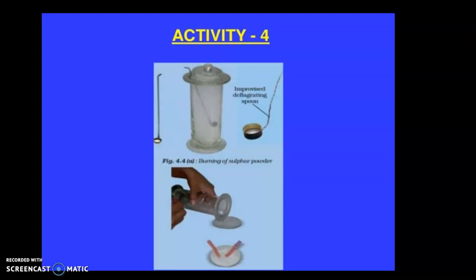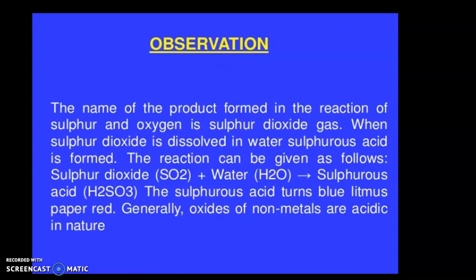It is there in your book also. Let me tell you the page number where it is mentioned. It is on page number 47, activity 4.4; activity 4.3 we have discussed. The observation is that the product formed in the reaction of sulfur and oxygen is sulfur dioxide gas.